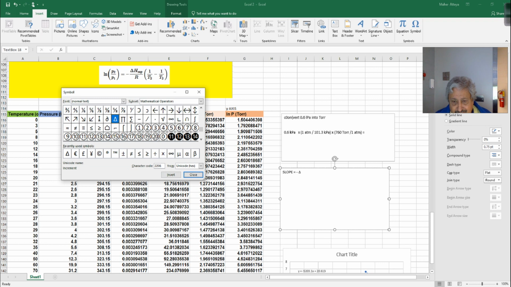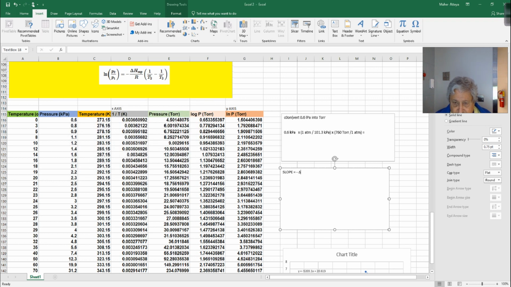Insert delta. Delta H divided by R, capital R here.